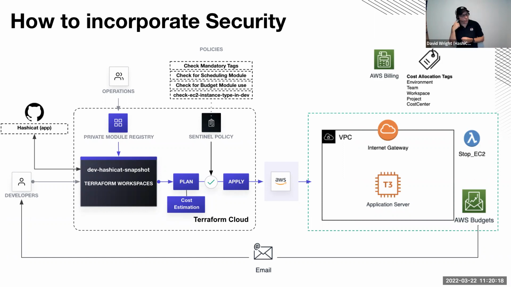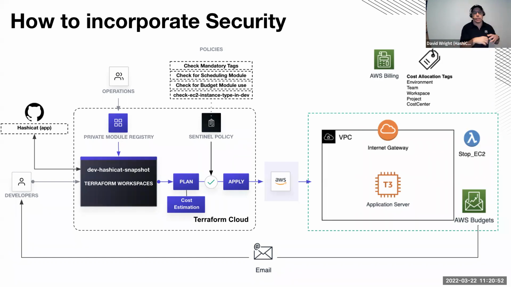A great use case that I have heard was in a dev, test and production environment. They actually use Sentinel policies as it went through the three environments to enforce best practices. So there is a CIS, Center for Internet Security, library that we have built a whole set of policies around, and they use those to enforce standards within the developer community as it moves through those different environments.